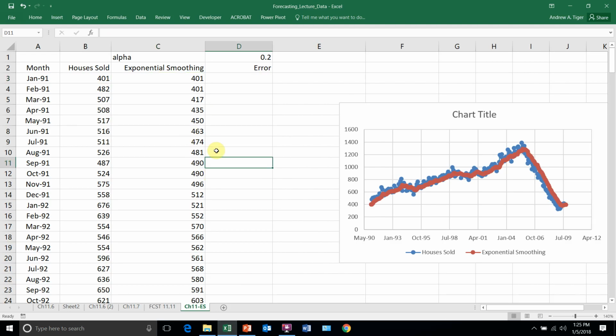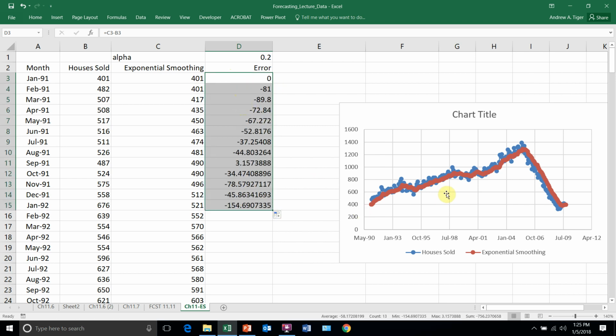So over here in the worksheet, this is what really happened. This is my forecast, so I can calculate an error. The error is just the forecast minus what really happened. But I'm going to calculate a mean absolute percent error. So sometimes this is going to be a positive number.